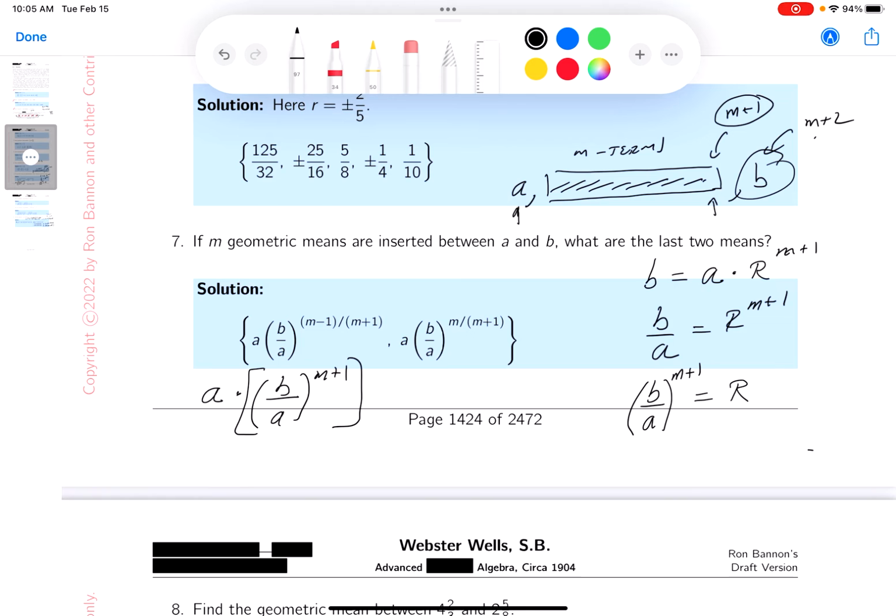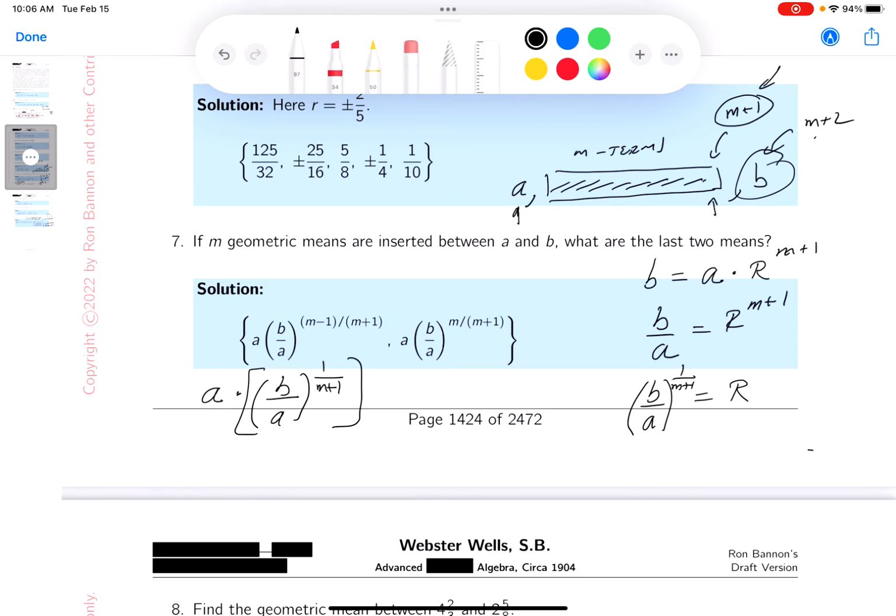I'm sorry, I made a copy mistake here. I've got to correct it. That's 1 over M plus 1, and I made the mistake over here too. I just noticed it. And then this term over here, that's what we're looking for.